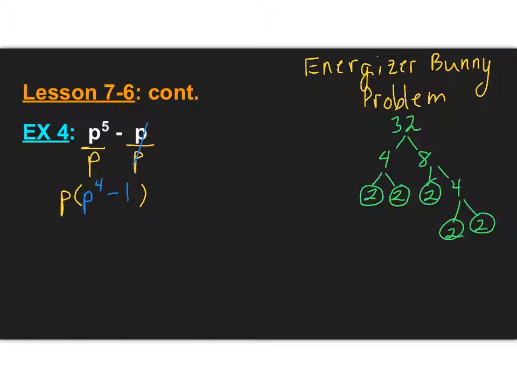So if I take the square roots of each of these, square root of p to the 4th would be p squared, because remember, the index here is 2. So we divide this by 2, and that's how we got the 2. Then the square root of 1 is 1.